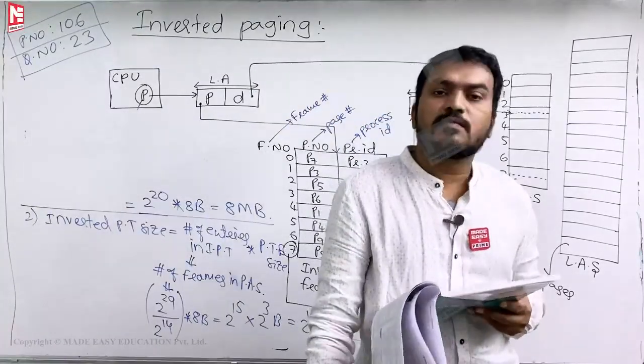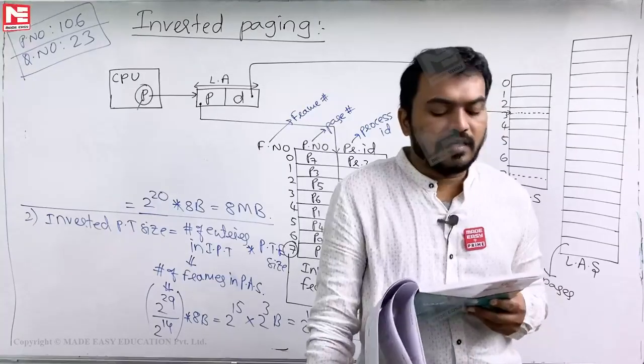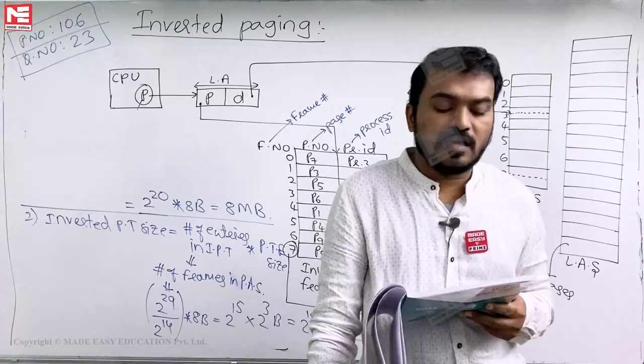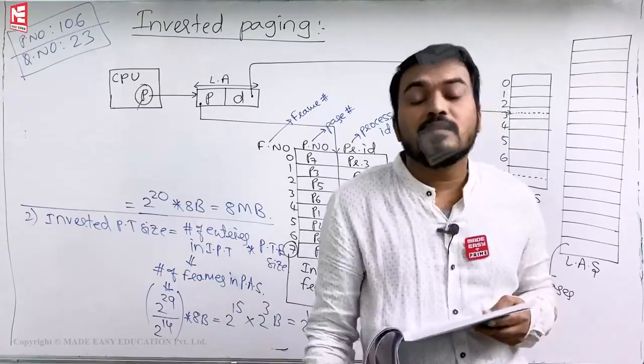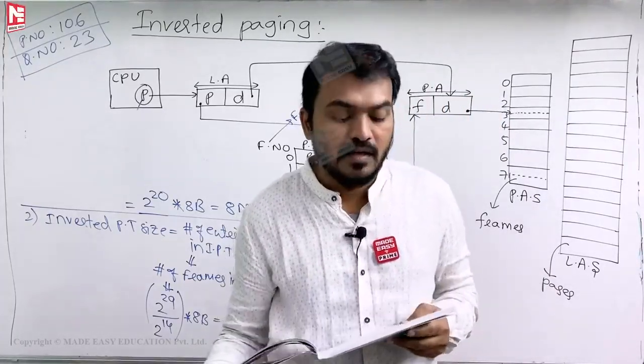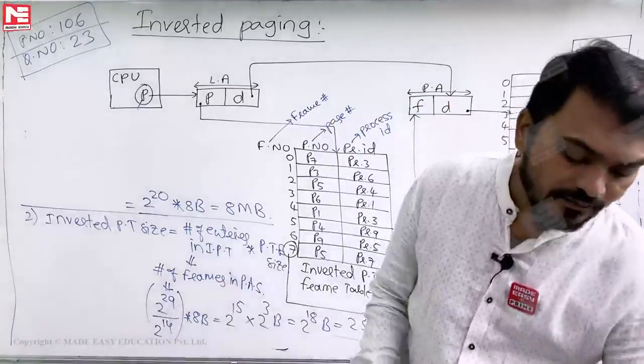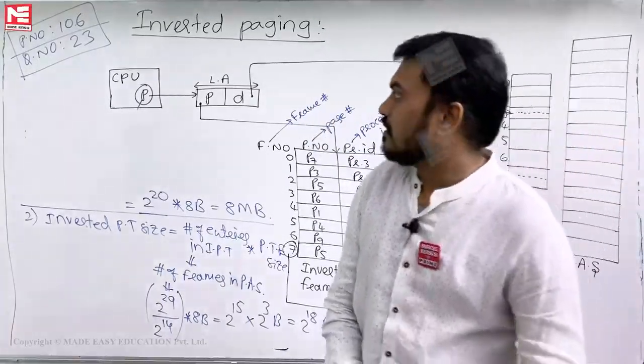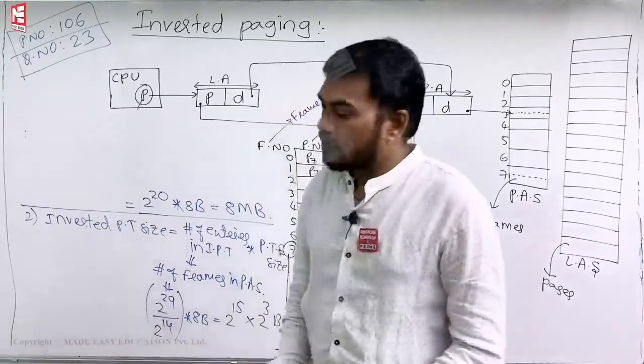Now in the question, look at the small pointer. He has given RAM. Consider RAM of 128 KB. RAM means LAS or PAS? PAS. RAM means PAS. So pause the video. I'll wait 5 seconds. Page number 106, question number 23.